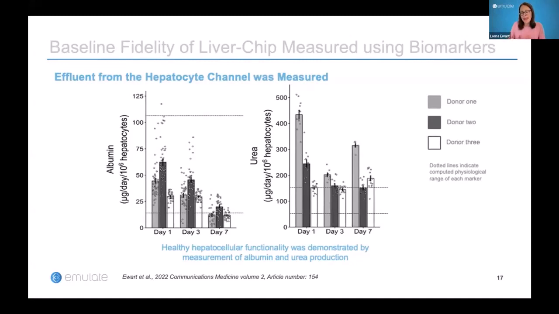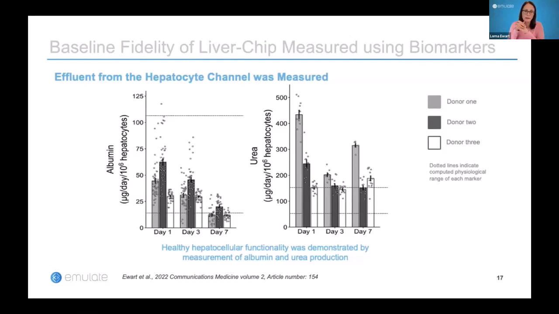These are estimated levels of what you would expect to see in an in vitro system and how that might translate to in vivo. So what we're looking for is albumin and urea production to sit in between these 2 dotted lines. The individual dots on each bar represent individual chips, and donors 1, 2, and 3 are colored differently.